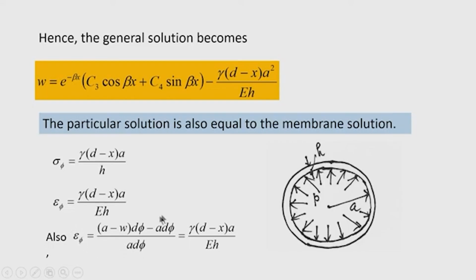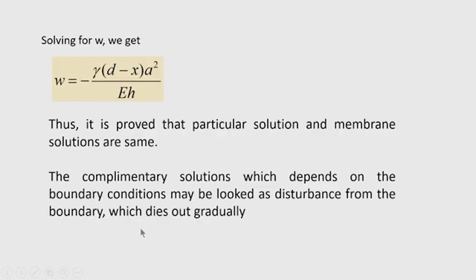So, the hoop strain is now obtained as gamma into (d minus x) into a divided by E h. Now, this is the expression which connects w with the hoop strain.